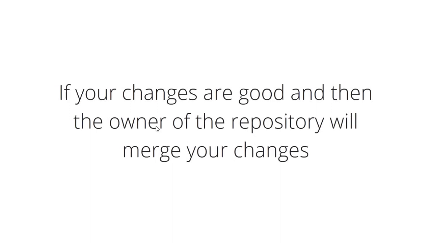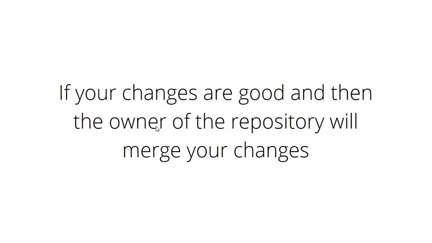The next thing is merge. Merging is from the point of view of the person on whose repository we have contributed or made certain changes and created a pull request. If the person finds that the changes made are good and they come within the objective of the repository, that person will be happy to merge your changes.